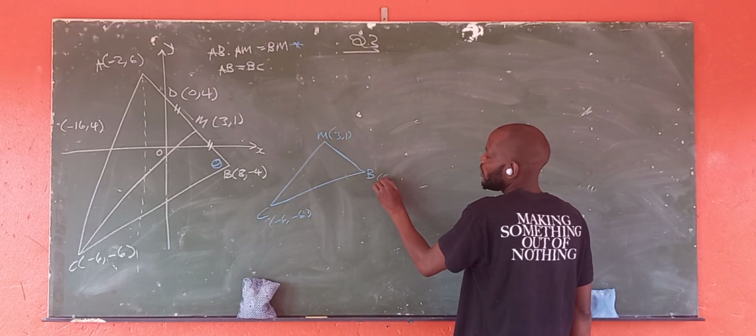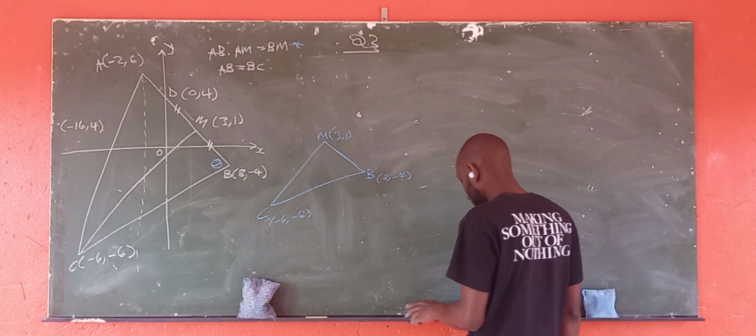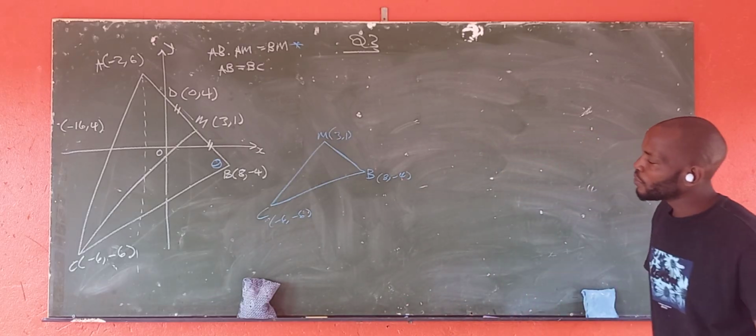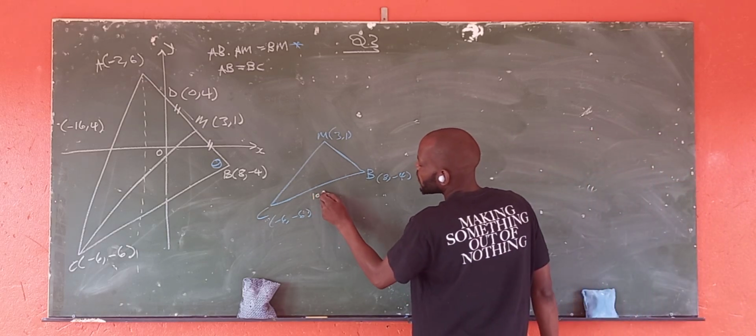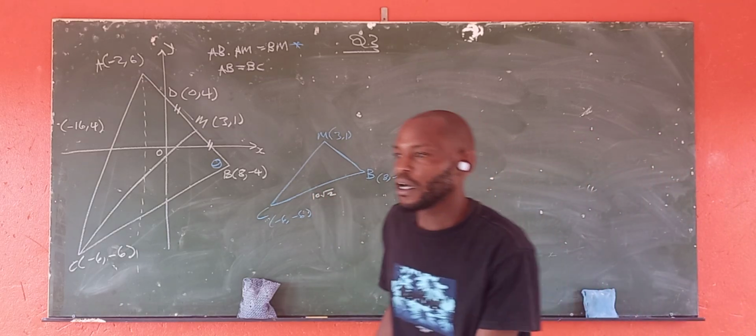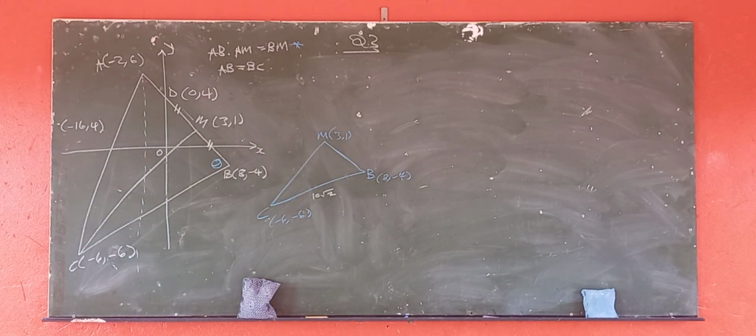The analytical coordinates of B are 8 and minus 4. We can calculate, and I think we have BC, which is 10 the square root of 2, right? We calculated AB before as 10 the square root of 2.